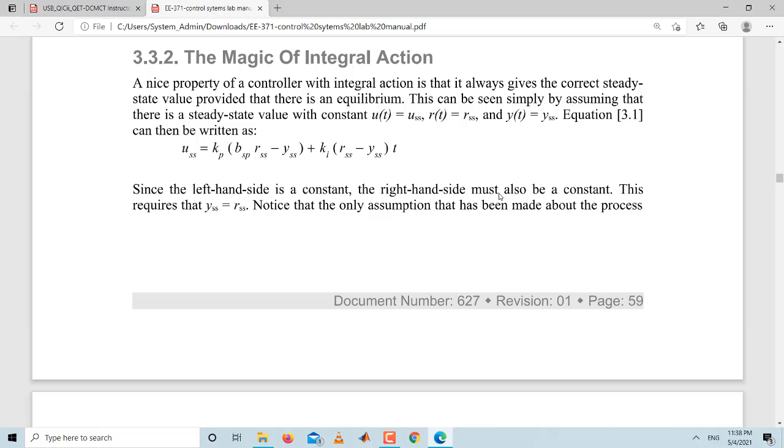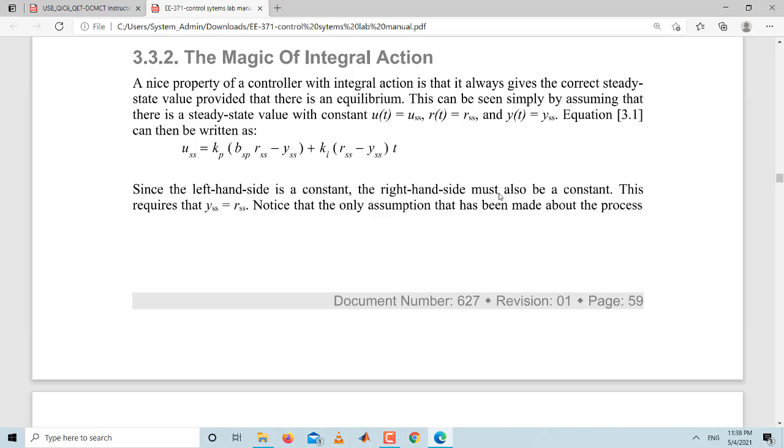Now we are going to talk about the PI controller, the equation 3.1 that I just discussed. There is a property of this controller that it always gives a correct steady state value if the system achieves an equilibrium.